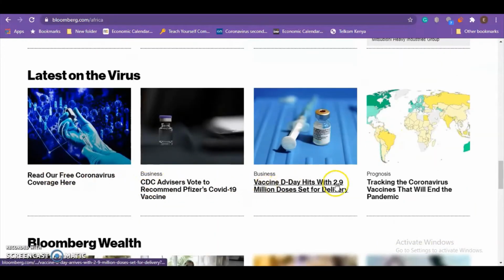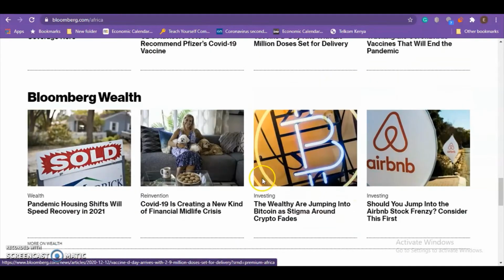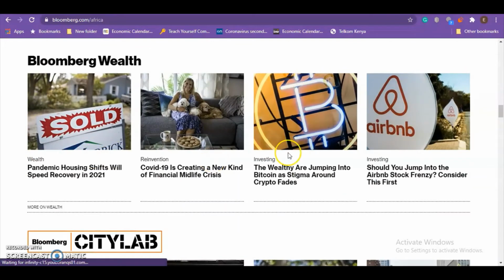So let's see. Vaccine data hits with 2.9 million doses delivered. So the US dollar might continue to weaken for this month, because also of the courts and Trump's legal cases.